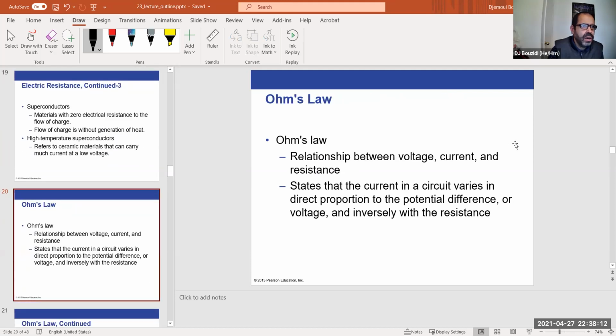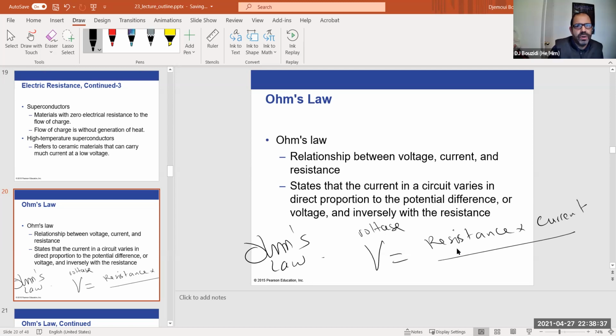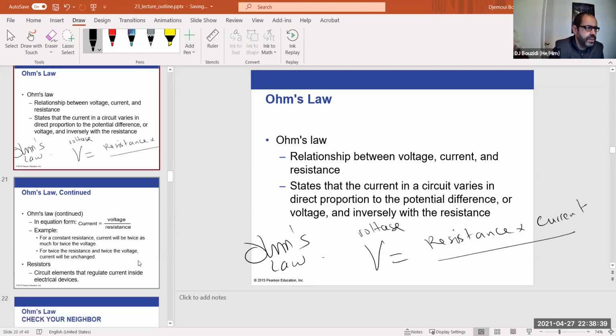Ohm's law relates the current, the voltage, and the resistance. Symbolically, and again, you will see that as part of your assignments, the voltage is equal to the resistance times the current. So this is the expression of Ohm's law. This is a major law for circuits in general.